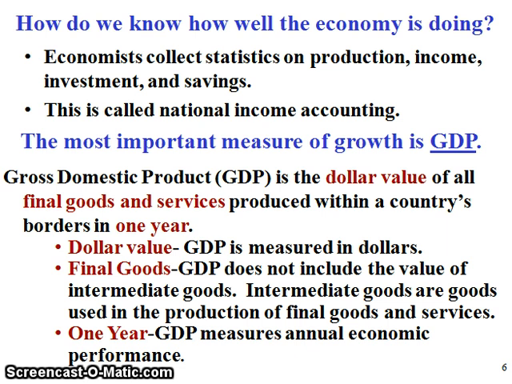So GDP is a number, and it's a dollar value. So it is written in terms of the final selling price for all goods and services that are sold for the first time. So there's some things that aren't included in GDP, and we'll go over those in just a moment.